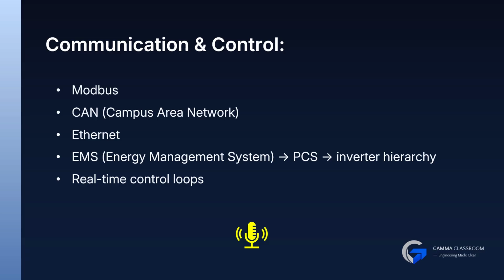Control commands manage real power limits, reactive power support, ramp rates, and protection settings. Reliable communication ensures the plant responds correctly to grid events and meets interconnection requirements.